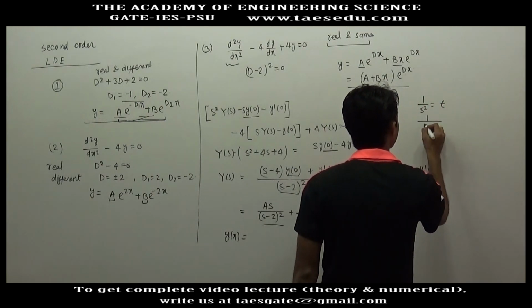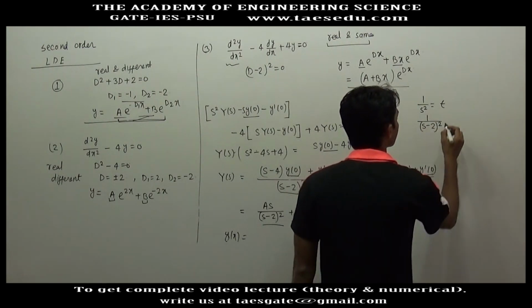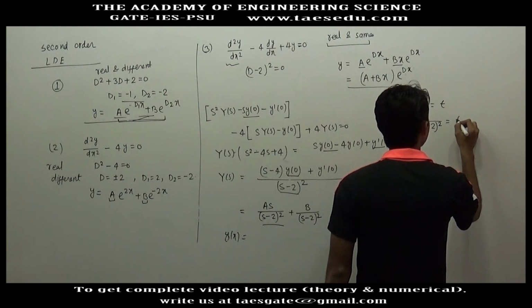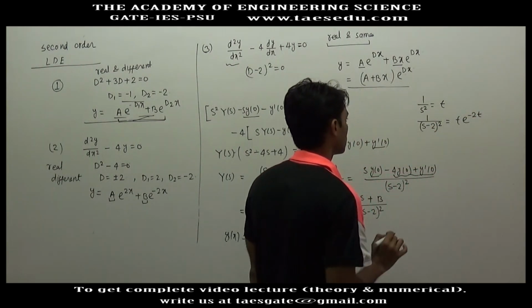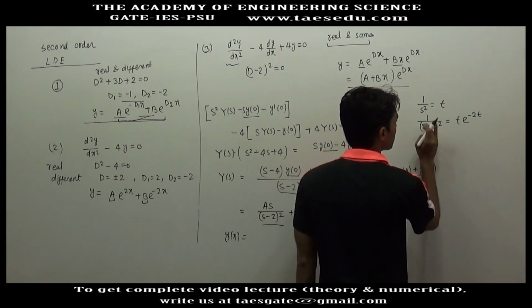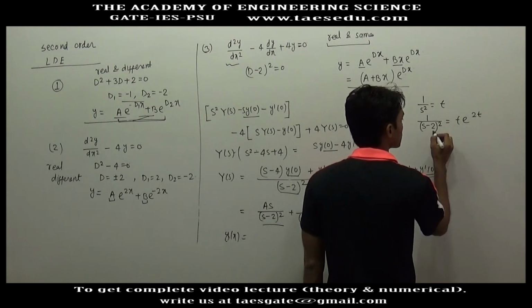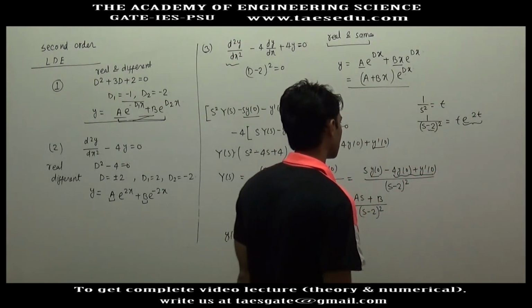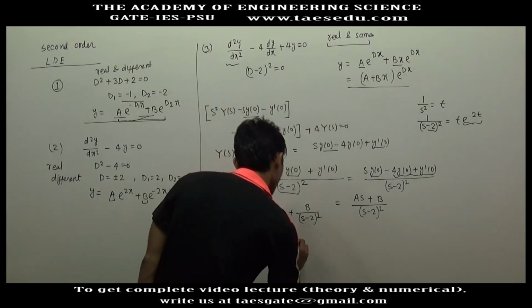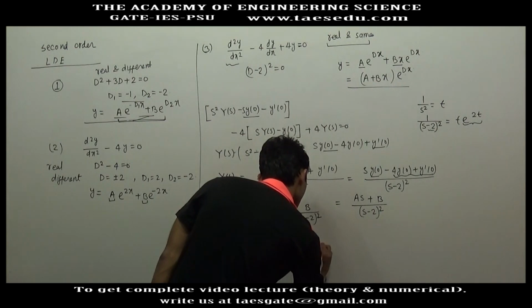So inverse Laplace of 1 upon (s minus 2) whole square will be t into e to power 2t, since instead of s we have s minus 2, corresponding to this minus 2 we will have e to power plus 2t. Similarly here, we will have b into x into e to power 2x.